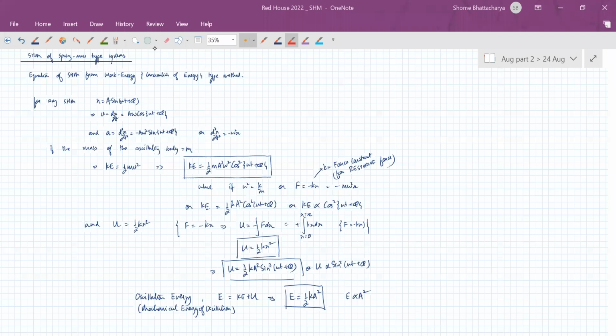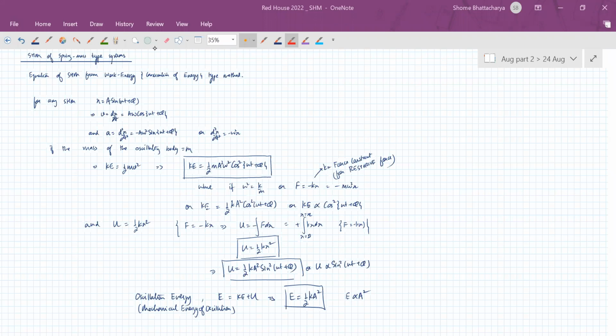Okay. So this derivation of potential energy that I've done below, it's obvious that if it's a spring mass system, then the potential energy is half kx square only. But even other than that, any SHM will result from a restorative force of the type minus kx, where k is a constant. Such a restorative force will have a potential energy associated with it according to the formula that delta U is minus the work done by the internal conservative force.